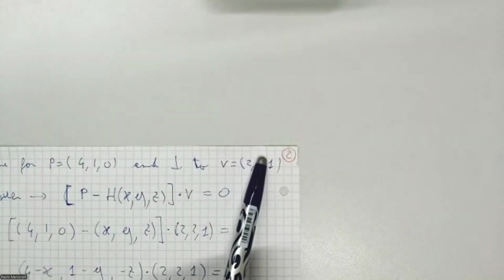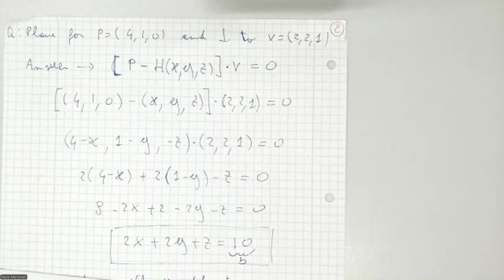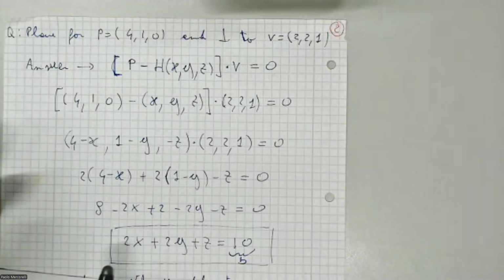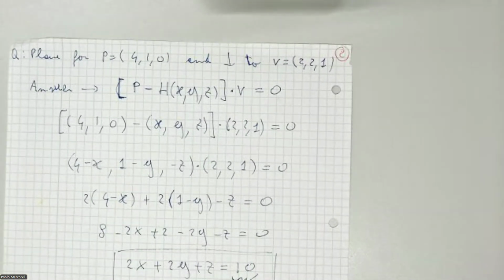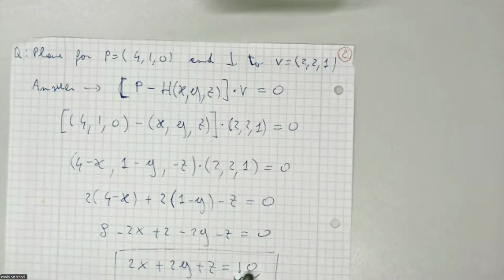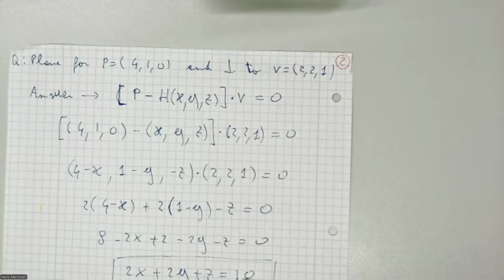We have observed this. This means that the coefficients here state the orthogonality, and we can say that they represent exactly the vector orthogonal to the plane, because this plane here is a particular plane passing through P, but is nevertheless parallel to the plane which is passing through 0.